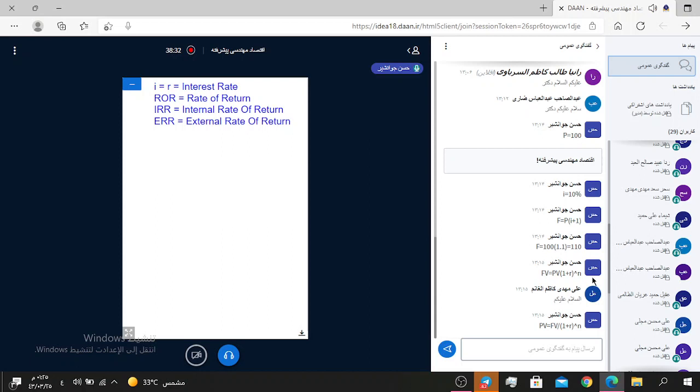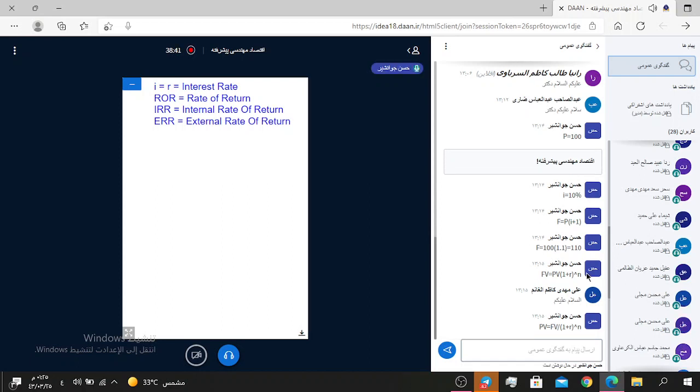To calculate IRR, you can write NPV equal to 0 or NFV equal to 0.